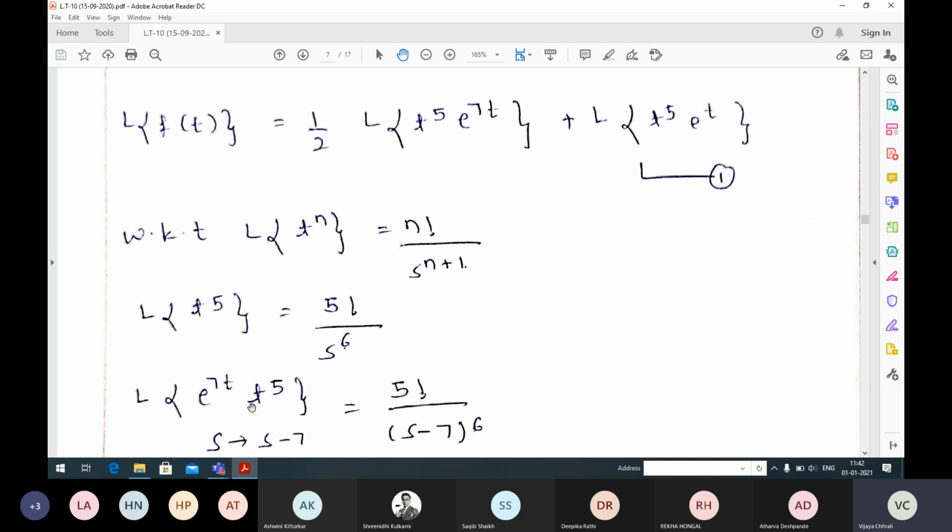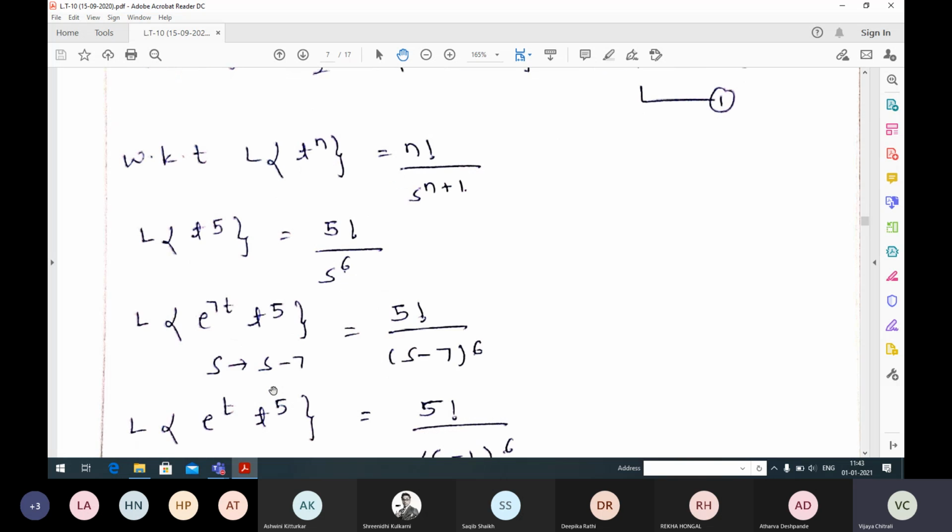What is the Laplace transform of e raised to 7t t raised to 5? Use the shifting property: change s to s minus 7. Why s minus 7? Because in place of a, we have 7. So wherever s is there, replace it with s minus 7.